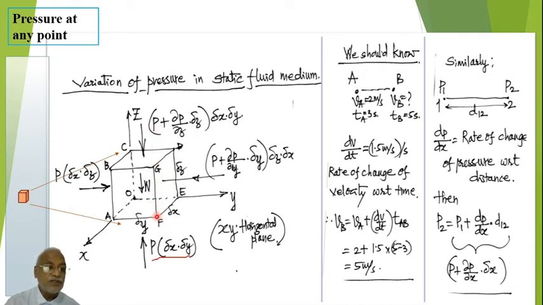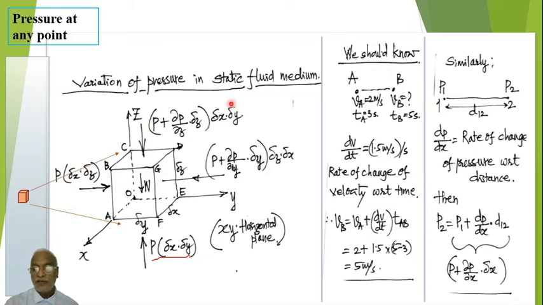Now what is the distance? It has moved from this point to this point, it is delta z. So the rate of change of pressure multiplied by the distance for which it has changed gives the final pressure intensity on this face, multiplied by delta x and delta y, which gives you the force.